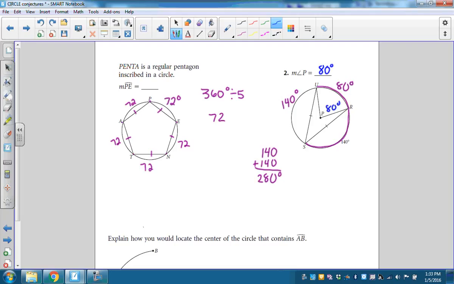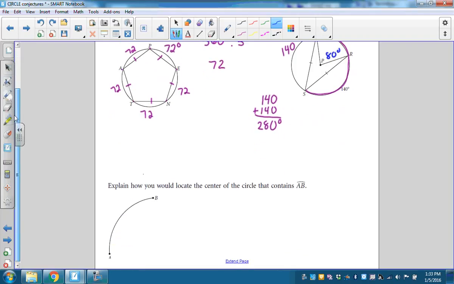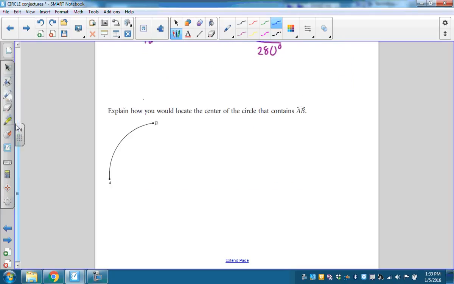And then this last one's actually a chapter 3 problem too. It's asking you how you would explain how you would locate the center of the circle that contains arc AB.